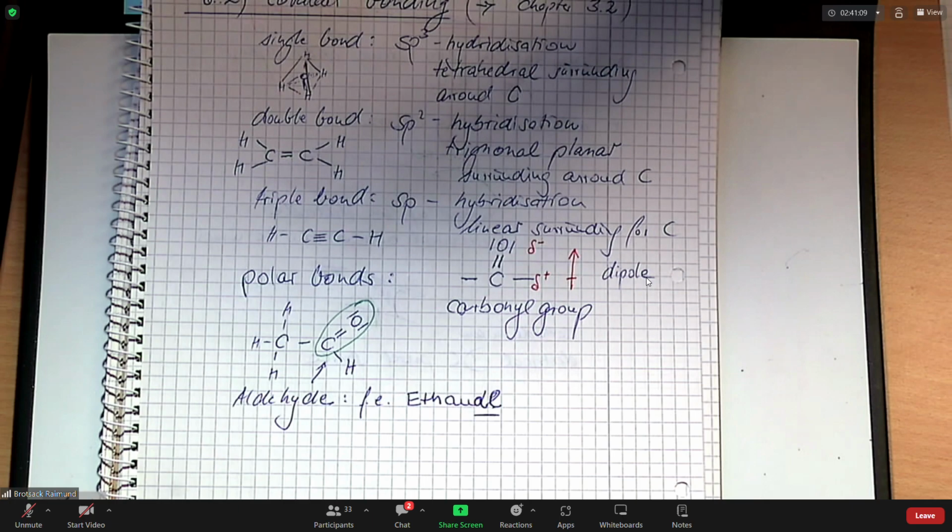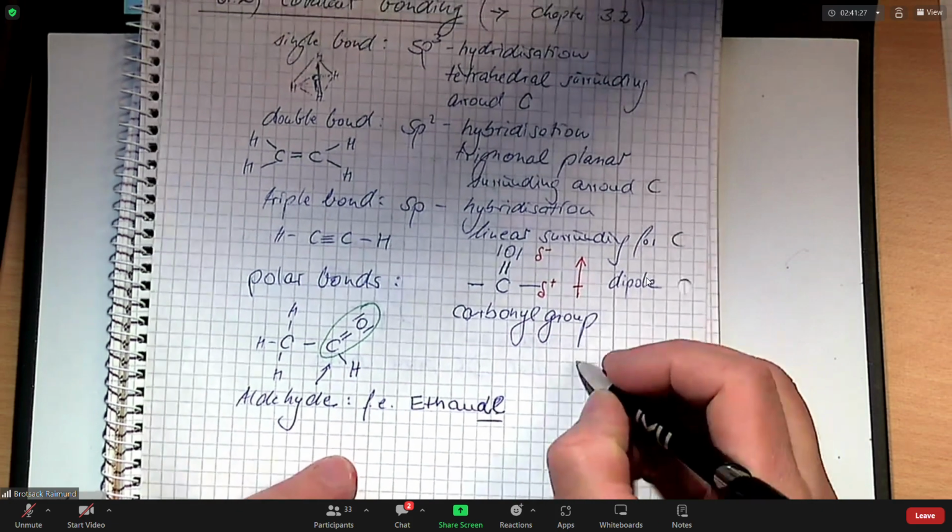3. And what's the name of a hydrocarbon with 3 carbon atoms? Propane, and propanone is the name for the ketone. Propane is the pure hydrocarbon.